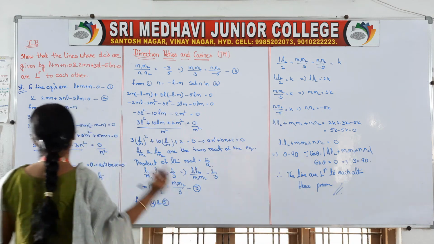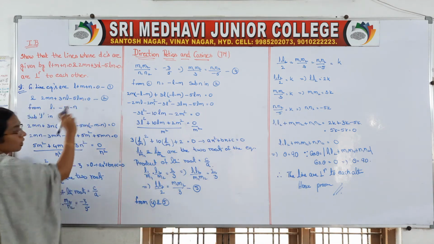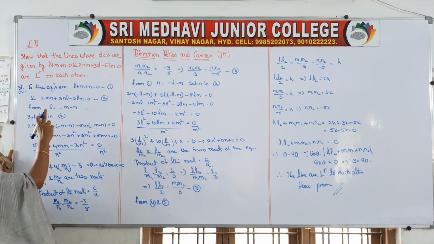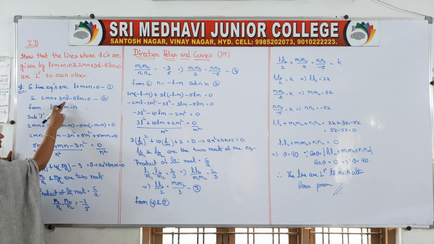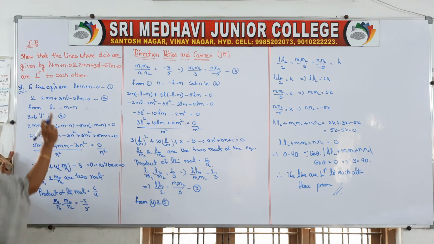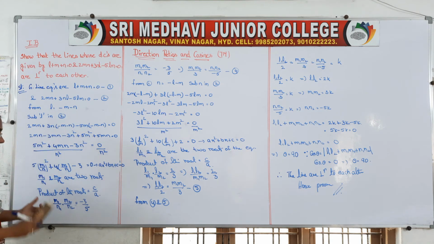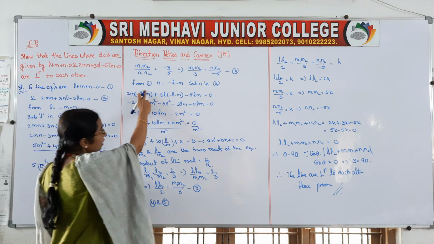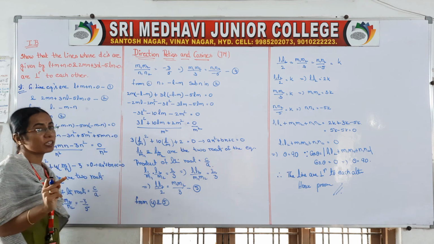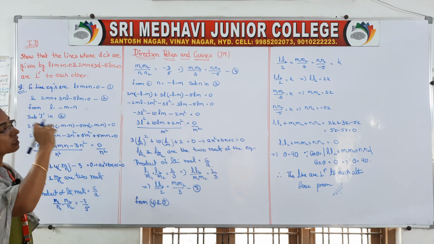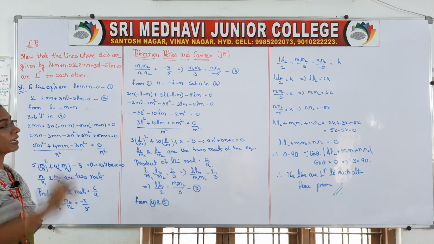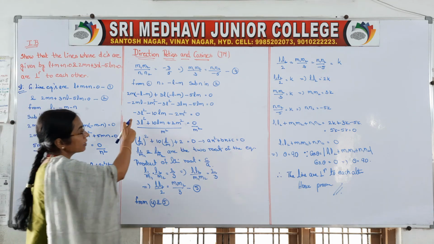So you got two line equations, L plus M plus N is equal to 0 and the other one. From that, you find L and substitute in the second, and we get one equation. Next, from the first you take the n value and substitute it in the second equation. We get another equation.